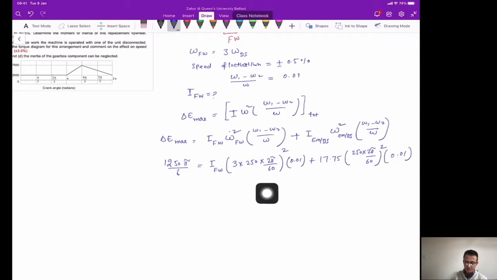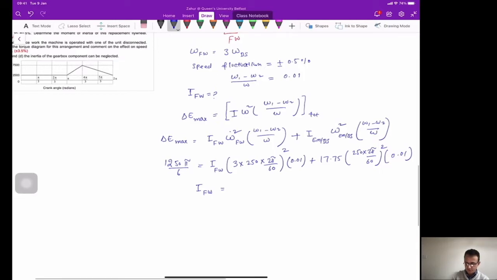Now in this equation the only unknown is I for the flywheel. So you can calculate I for the flywheel here, and that will become equal to 8.64 kilogram meter square.